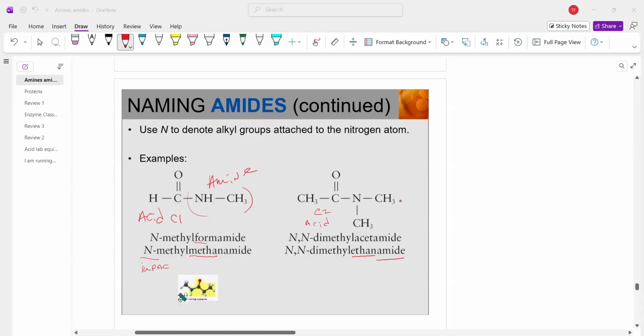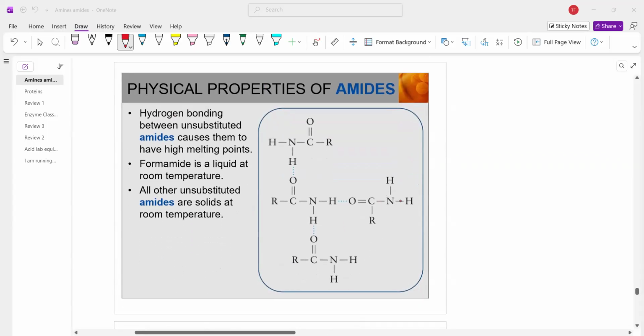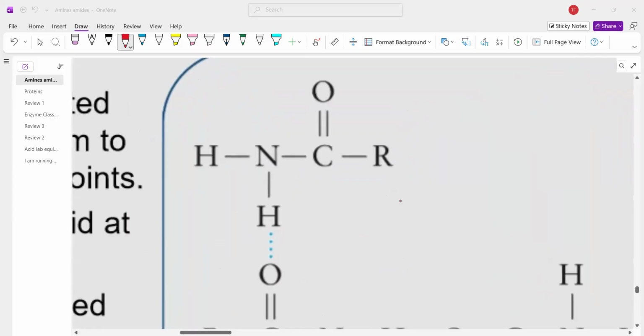Okay, so let's get back to this. Now like esters, amides are not as polar as the acid from which it was made. They still have some polar components.